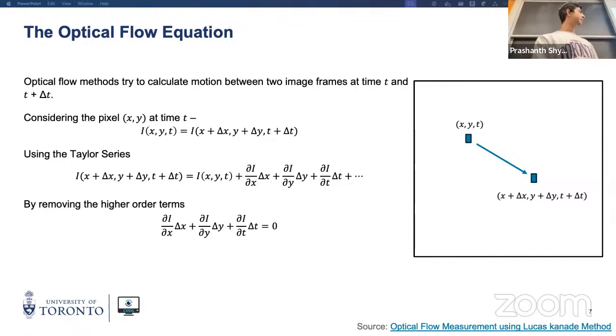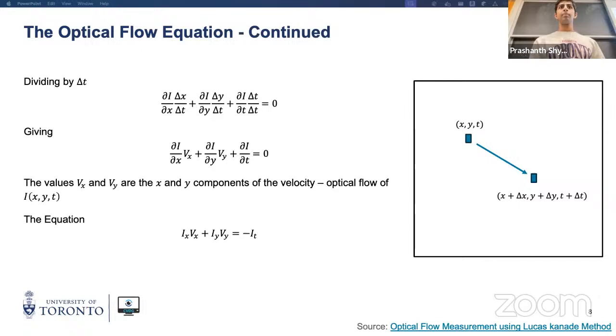So it is the relative change in the intensity with respect to x, y, and with respect to time. And that's equal to 0. So dividing by t, we get that equation, which can be written as that. So in optical flow, we want to calculate those two values, Vx and Vy, which is the velocity of the pixel in the x and y direction.